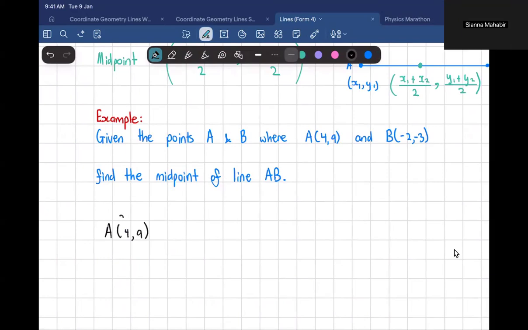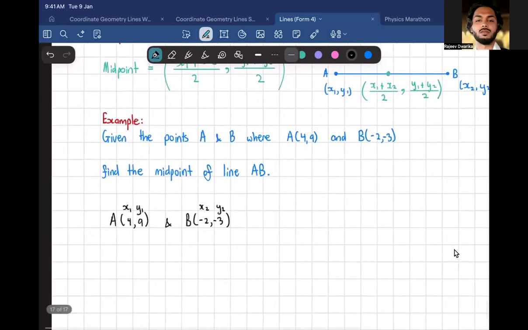Would it be 4? So x1 is 4, y1 is 9, right? And if we're looking at B now, we have -2, comma, -3. So -2 would be x2, right? -3 would be y2, right? So now we could jump straight into the formula.